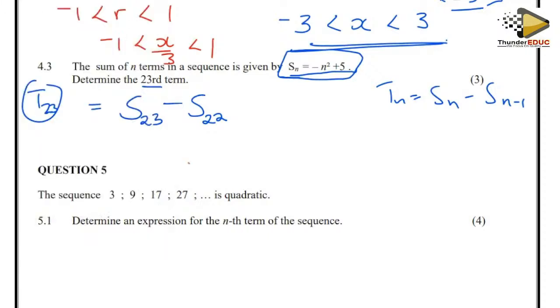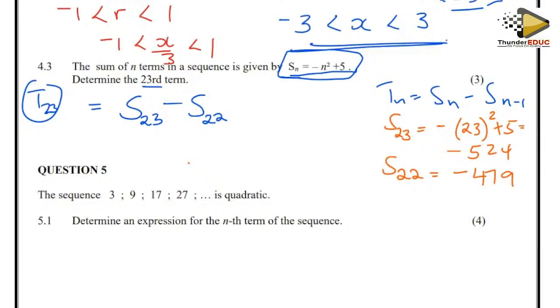So if I find S of 23 and just do it separately here, that's going to be negative 23 squared plus 5. If I punch that into my calculator, that's 23 squared plus 5, giving me a very small value, which is -524. Then if I find S22, where there's n, just replace with 22. That is giving me -479. Okay, so do the substitution.